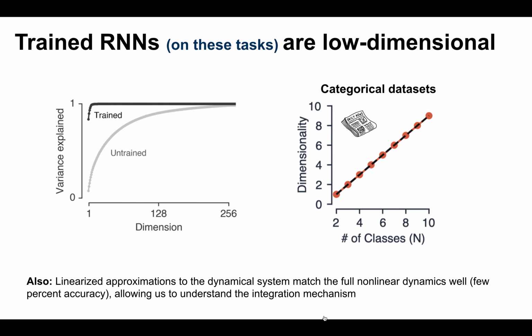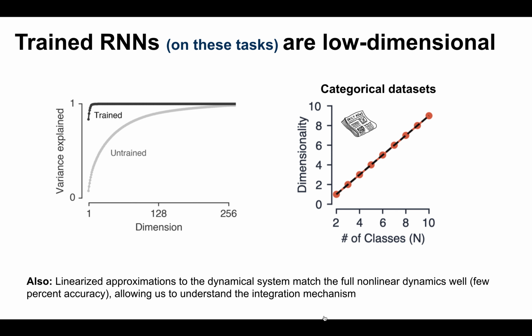So the first thing we find is that just like in the binary sentiment case, the dynamics of the trained RNNs on these tasks are low dimensional. And this is perhaps the most important thing to take away from this talk. So what I mean by this is that even though the hidden state of the RNN is 128 or 256 dimensional, if you look at the set of points an RNN visits while it's performing computation, that set of points is much lower dimensional.